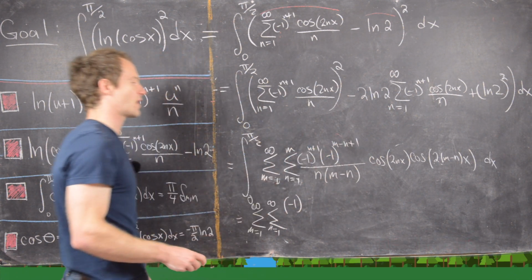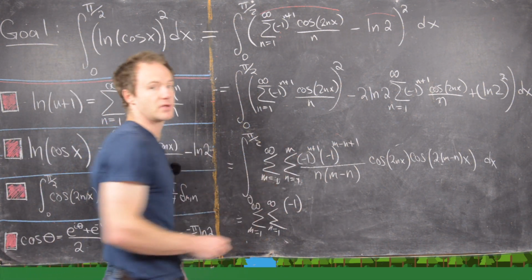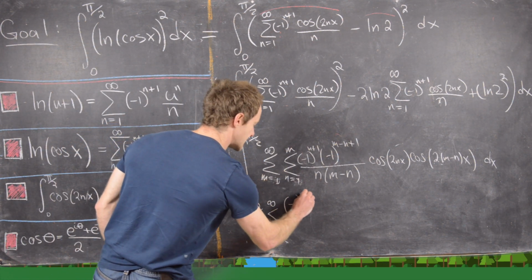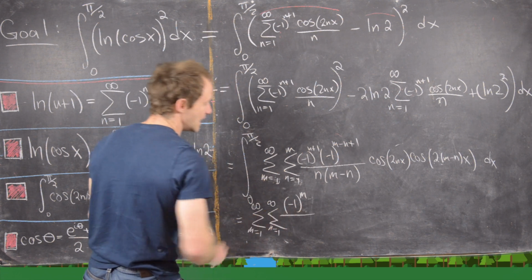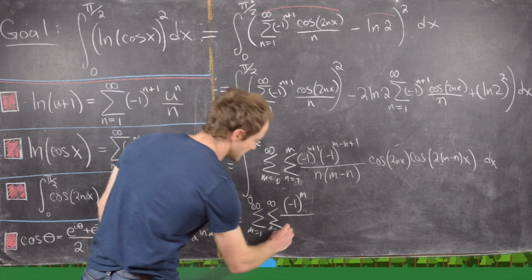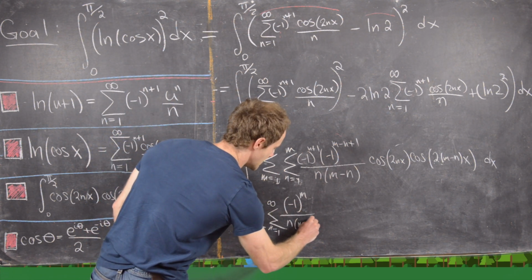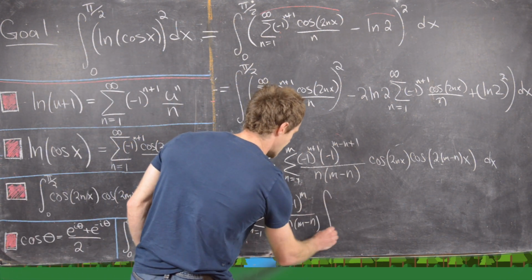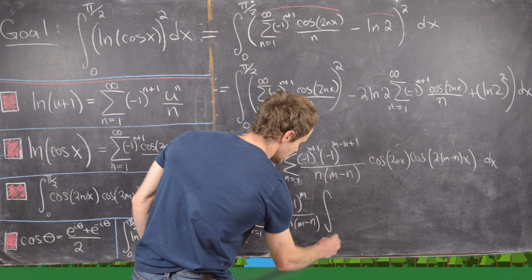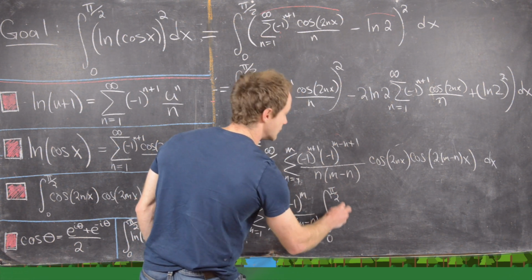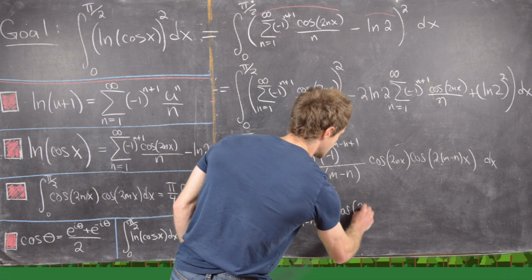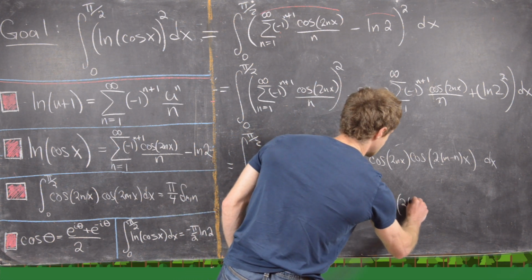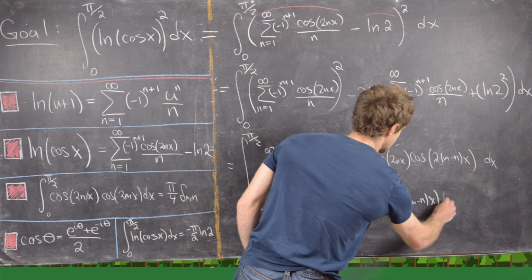Now we can take the product of these, so that's going to be m plus 2, but m plus 2 and m have the same parity, so that's just minus 1 to the m, and then this is going to be over n times m minus n. Okay, now we can bring that integral inside. So this is going to be the integral from 0 to pi over 2 of cosine 2nx cosine 2 times m minus n x dx.